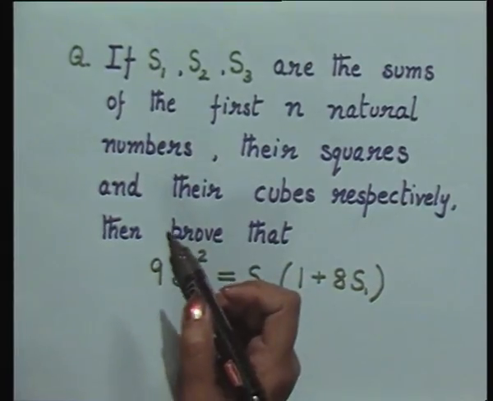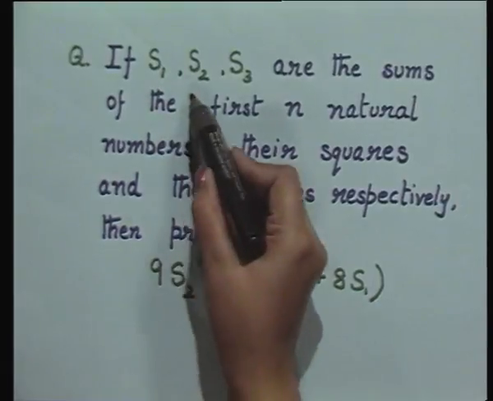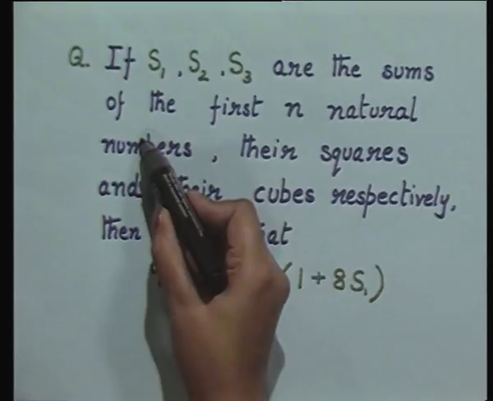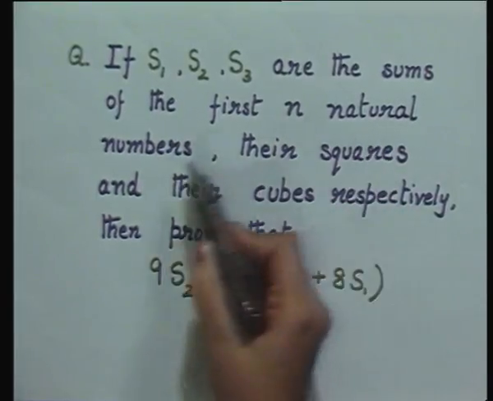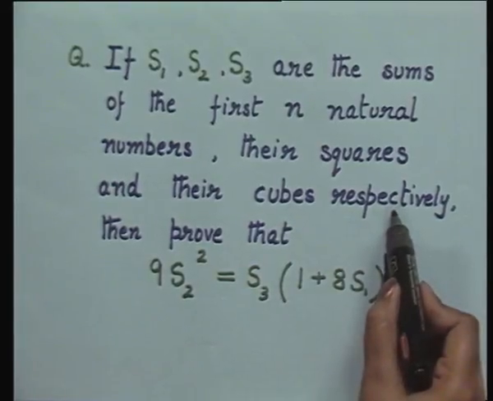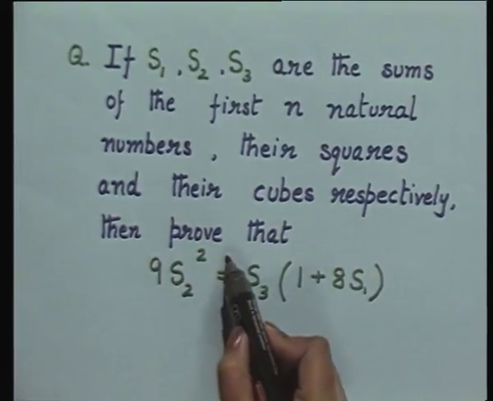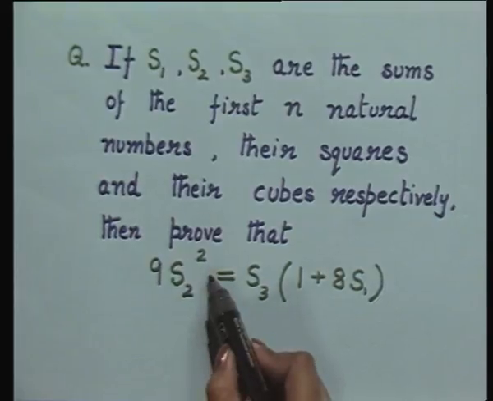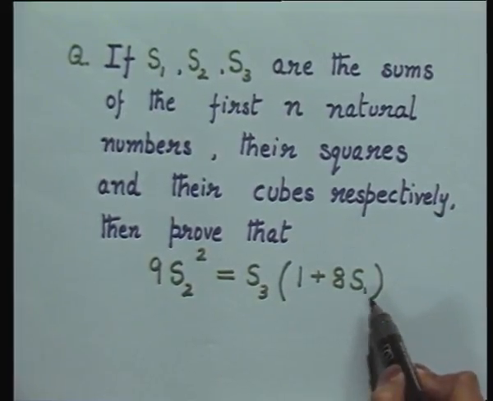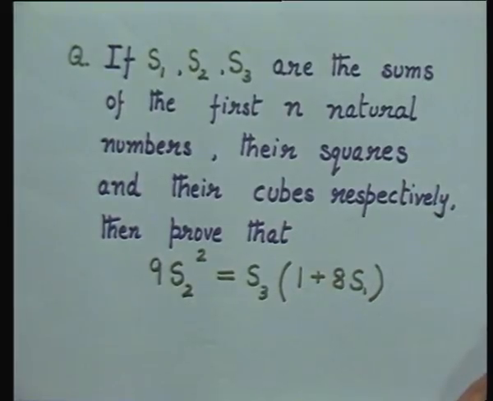It says, if S1, S2, S3 are the sums of the first n natural numbers, their squares and their cubes respectively, then prove that 9 times S2 square is equal to S3 into 1 plus 8 times S1.